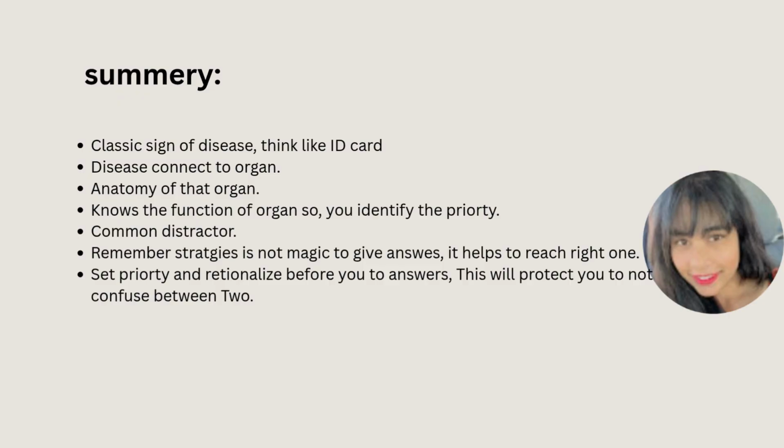Truly, I'm telling you, study classic signs whenever you study diseases, because this will help you identify the disease. This will help you solve your case and also connect that disease with the anatomy of the particular organ. This will help you prioritize according to ABC, right?